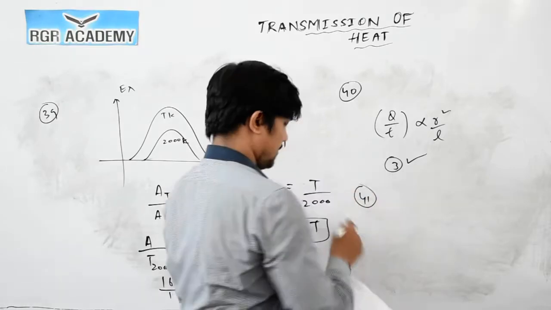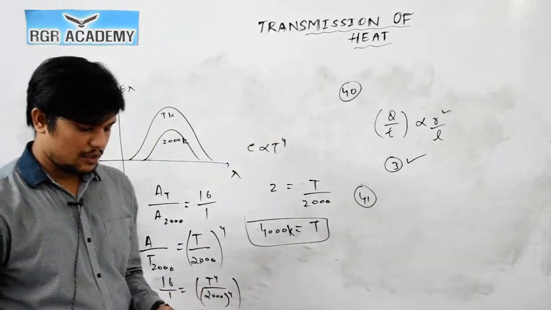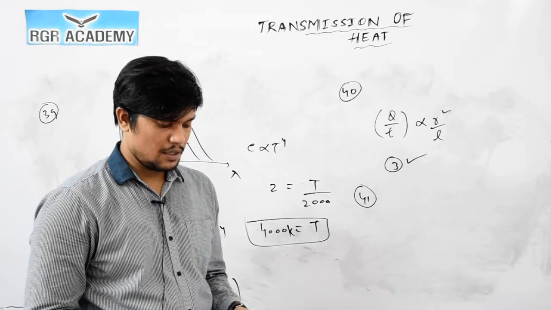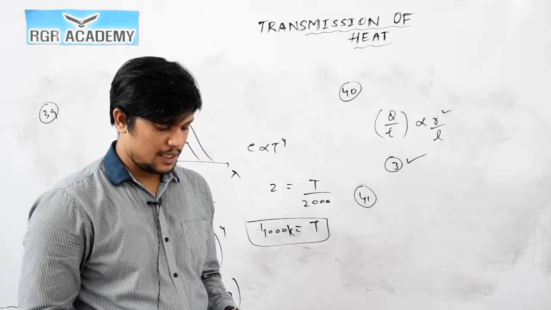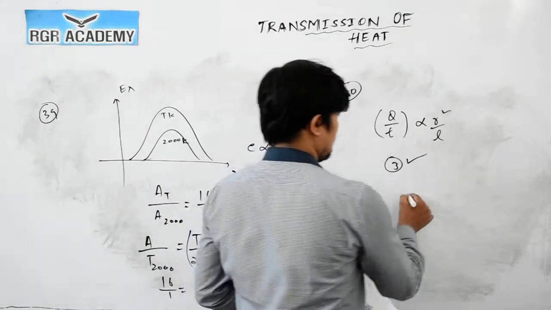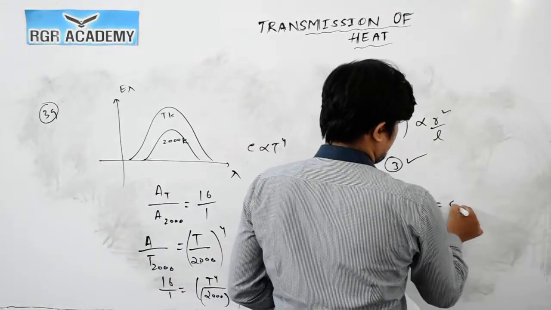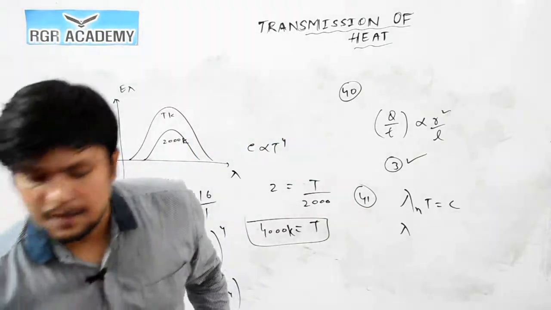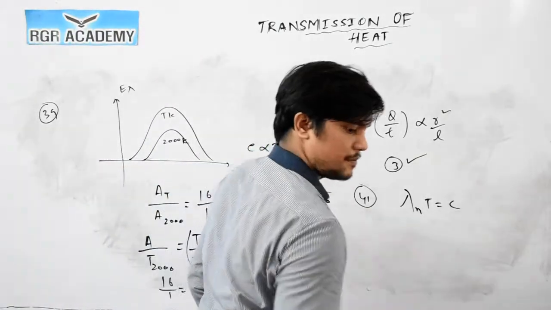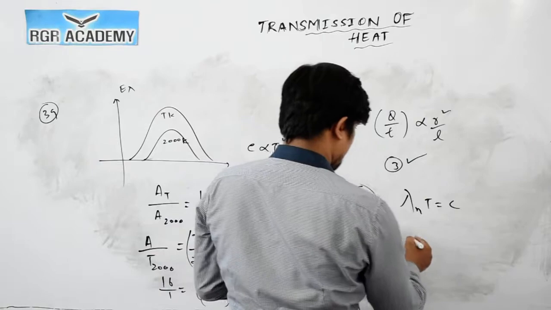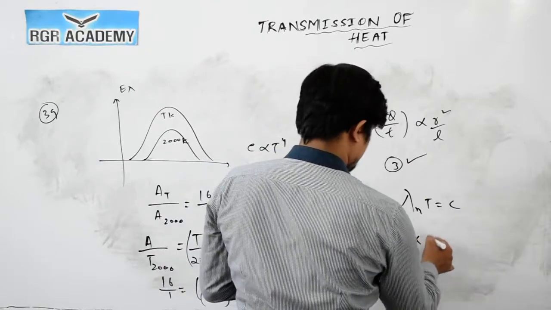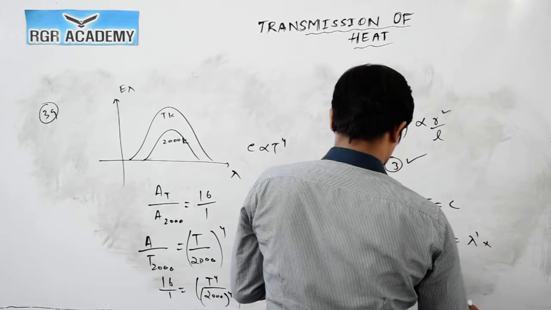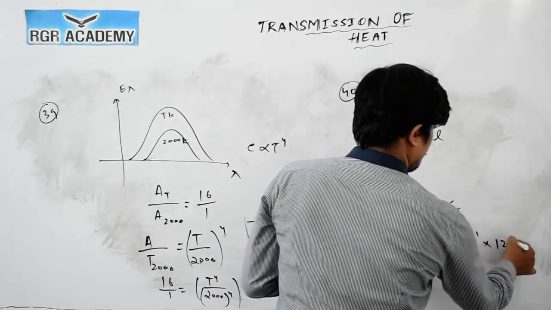Now question number 41. The maximum wavelength of the radiation emitted at 900 Kelvin is 4 micrometer. What is the maximum wavelength emitted at 1200? We know that lambda m into T is constant. So in the first case, 4 times 900 equals lambda dash times 1200.